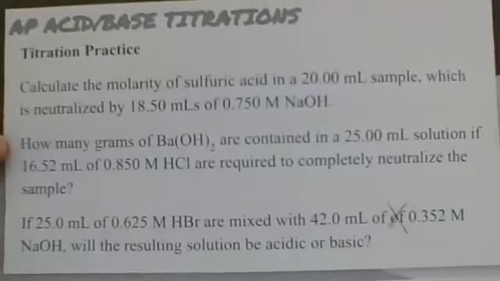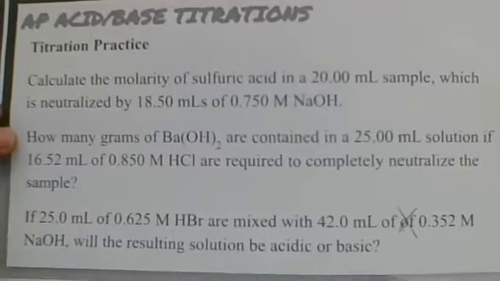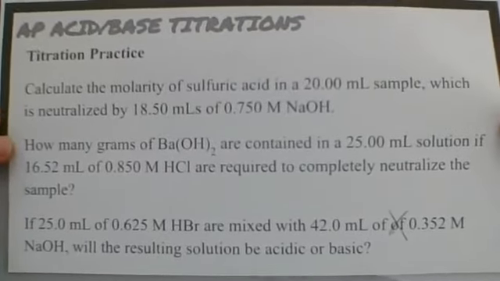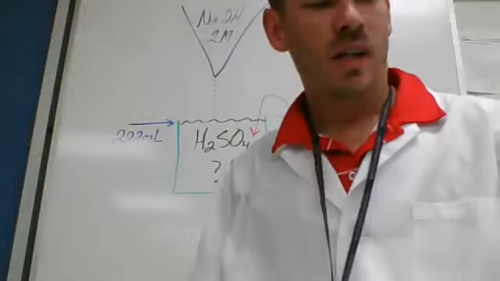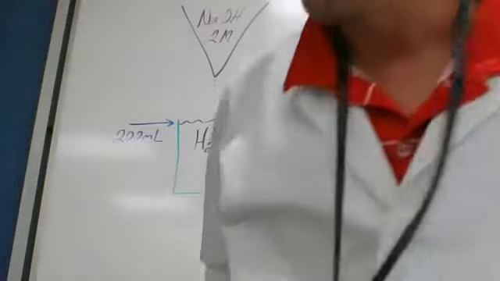So we're going to work these three problems together. They're all slightly different from each other on purpose. You'll also notice that this first one uses these two compounds that I made up for a titration. That's also on purpose.